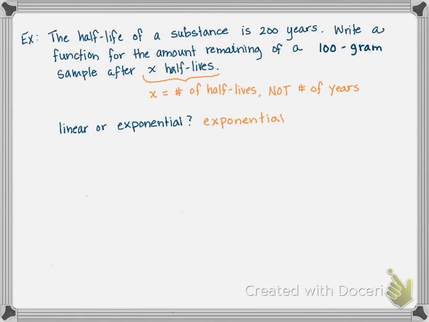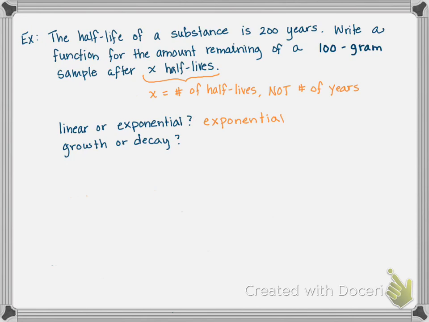And then I want to know if it is growth or decay. This may seem like a silly question because it's often pretty obvious, but you want to be really aware of exactly which it is, because our percent change is negative for decay and positive for growth.